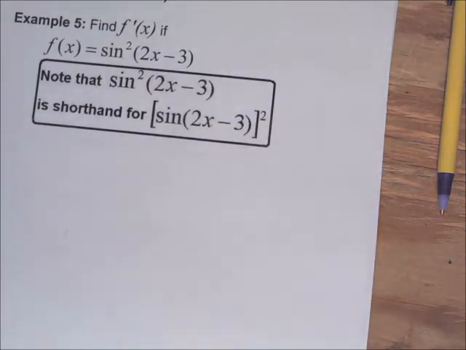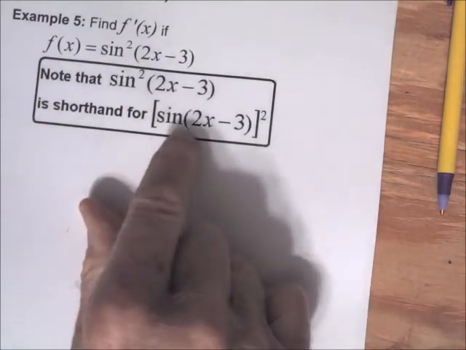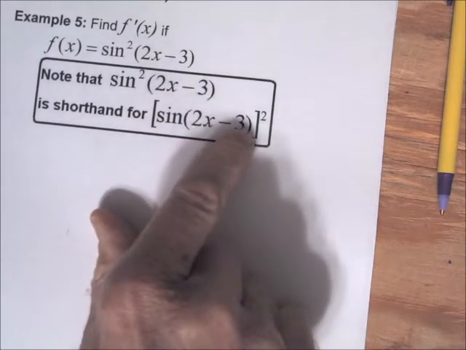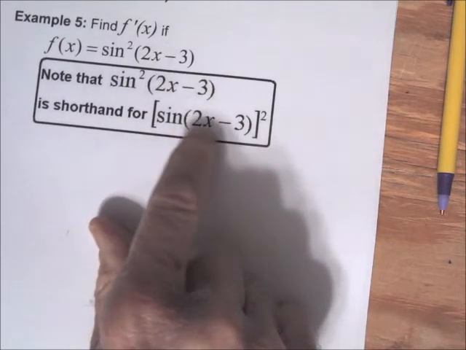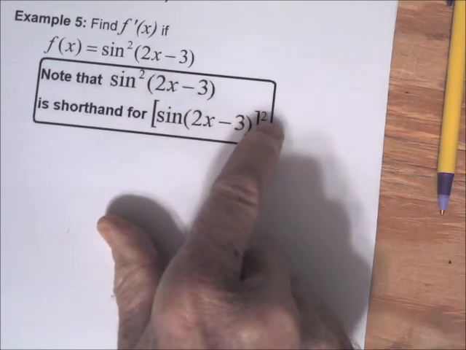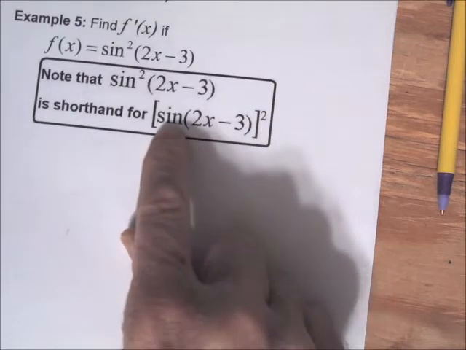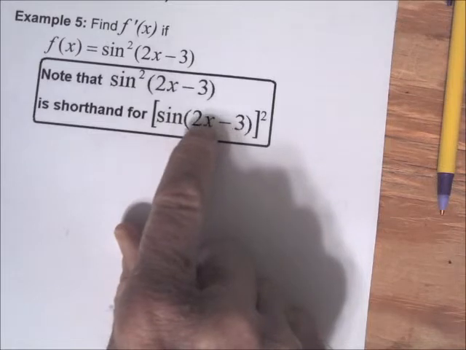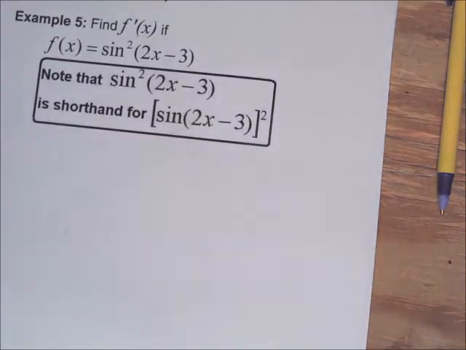Writing it out in longhand instead of the shorthand notation makes the composition a little clearer. The outside function is squaring, raising to the second power. We have a middle function, which is sine, and then the inside function is 2x minus 3. So we have an outside, a middle, and an inside here.